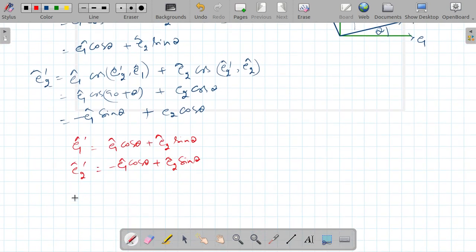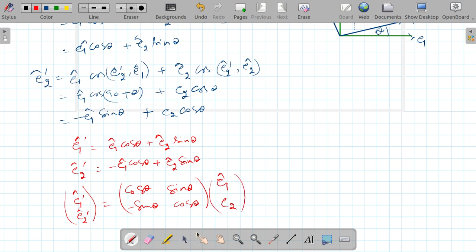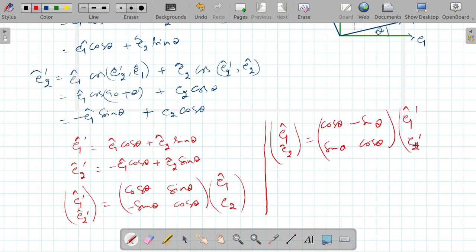In matrix form, E1 prime and E2 prime equal the matrix with rows cos theta, sin theta and minus sin theta, cos theta, times E1 and E2. Similarly, the inverse transformation gives E1 and E2 equal to the matrix cos theta, minus sin theta, sin theta, cos theta, times E1 prime and E2 prime.